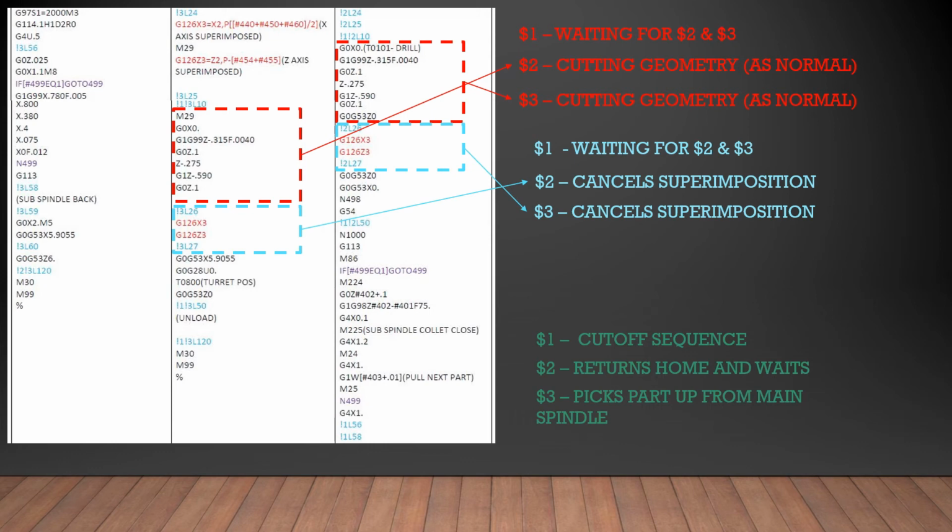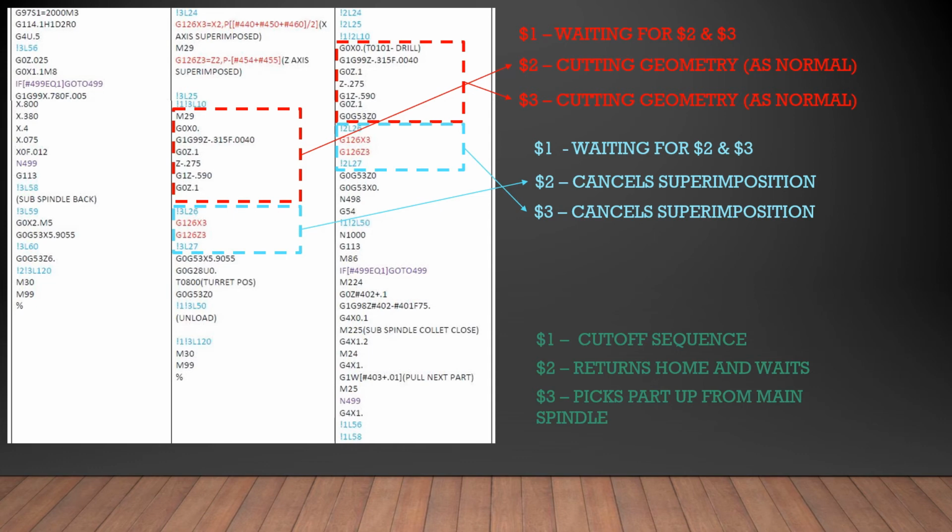Now let's look over at channel 3, and we have sort of the same thing but different numbers. We have go to, or rapid to, X0. So that's the drill mounted on the backside. Drill in to Z minus 315. So now the subspindle is moving over that drill.